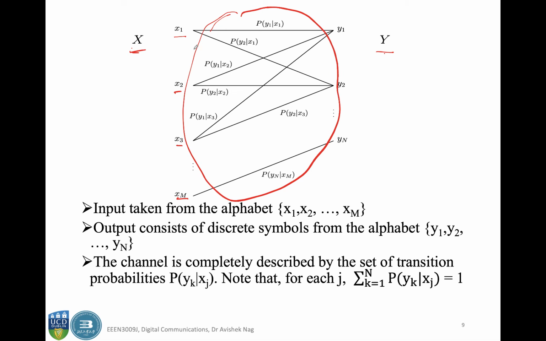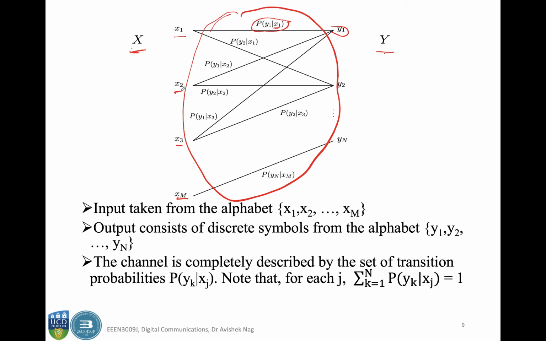The mapping from the input symbols to the output symbols is determined by these transition probabilities. These are all conditional probabilities that you learned in your previous lectures. So basically this means, if x1 was transmitted, then what is the probability that you obtain y1?